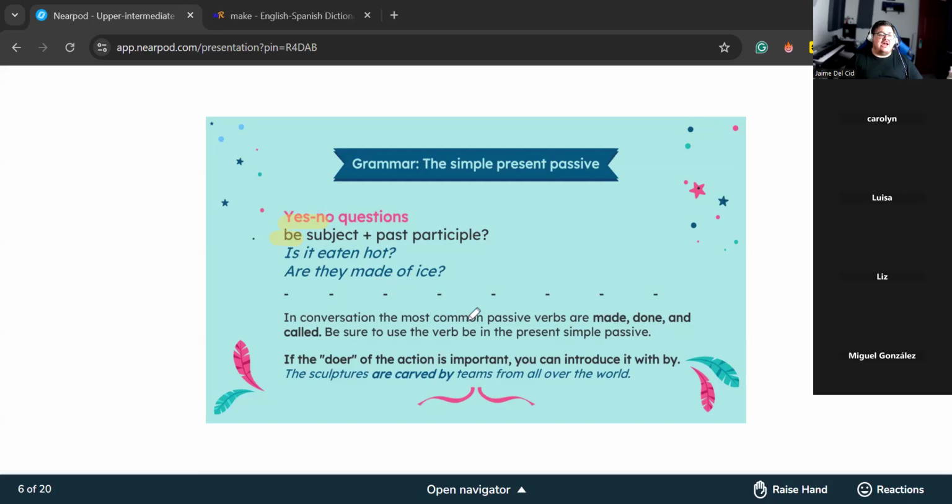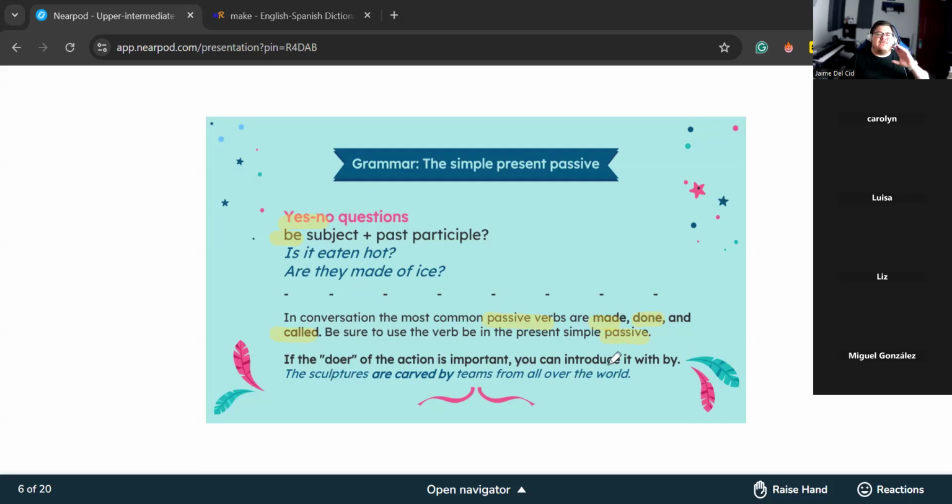Okay. So here we have a little note that might be useful for some of you if you're interested in knowing some statistics. In conversations, the most common passive verbs are made, done, and called. Be sure to use the verb in the present simple passive form. Okay.